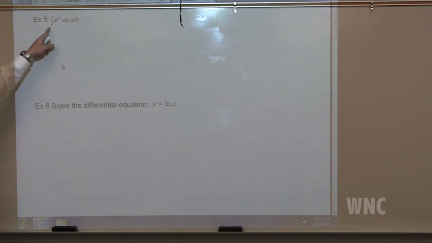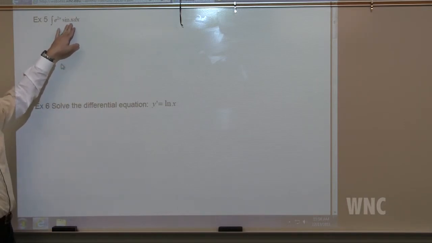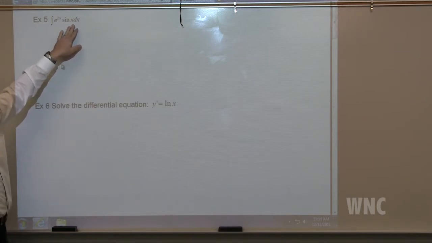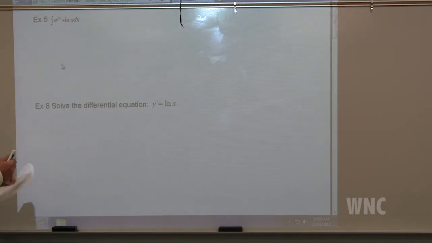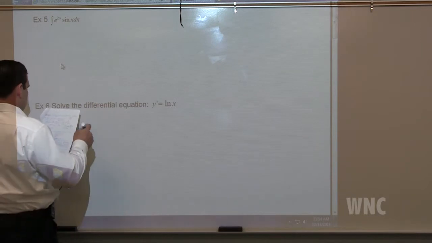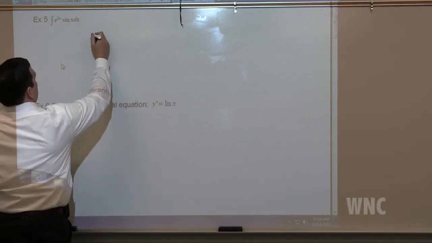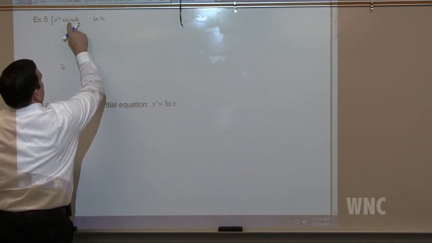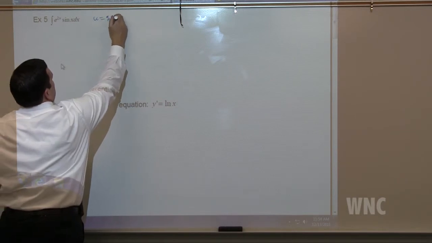Okay, we have the integral of e to the 2x sine x dx. I know last time we made the sine x, or the trig function, the dv, but this time we're going to go the other way with it. I'm going to say u equals sine x.